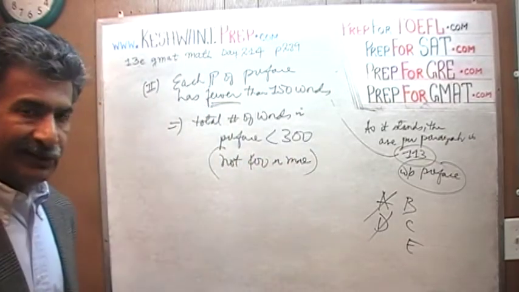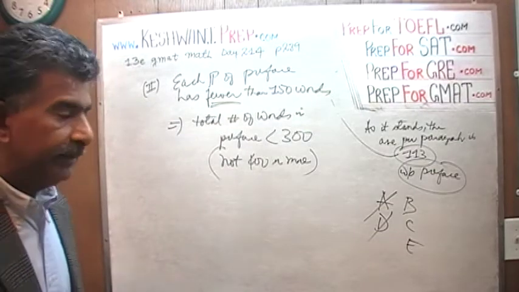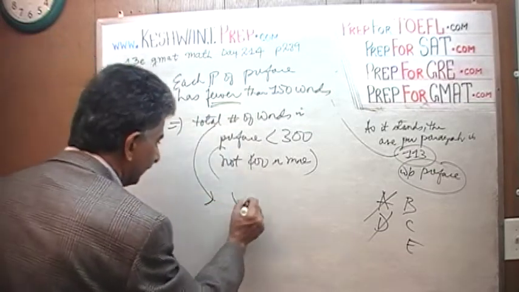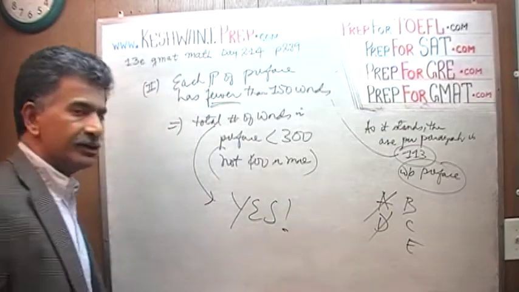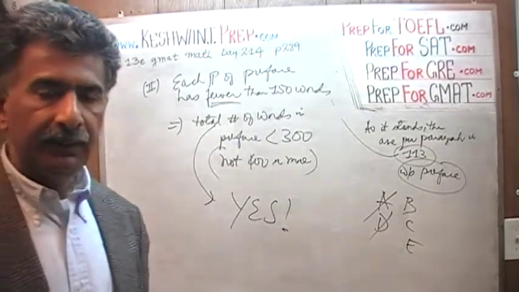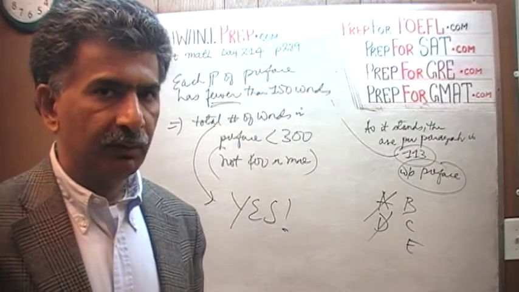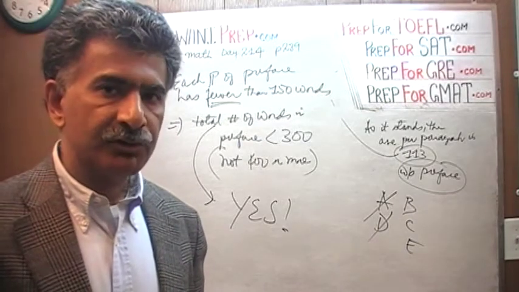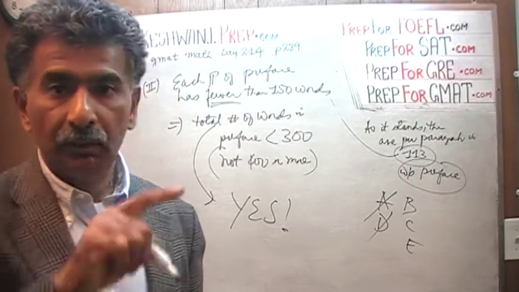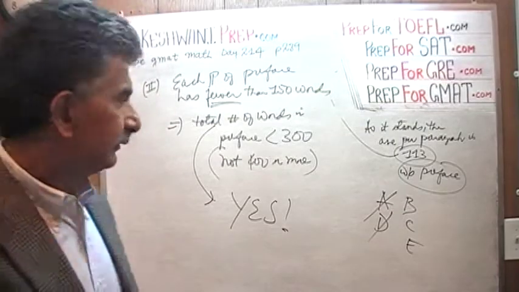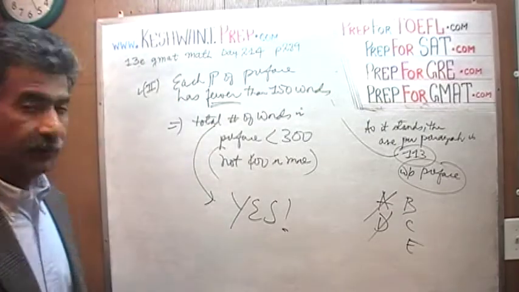So the question was, is the overall average less than 120? Here the answer is yes. The overall average is less than 120 because we needed a minimum of 400 words in the preface for the average to go up to 120 for all 25 paragraphs. The second statement does the job. Therefore the answer is B.